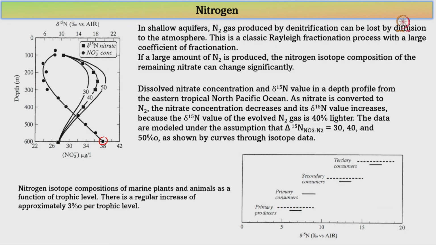And due to different kinds of fractionation factors, we sometimes do not know what corrections we can make. So, this is showing a trial and error method, where you assume that there is a 30%, 40% difference between the 15N of the nitrate and the nitrogen gas that is being produced, and you see which line fits your data.